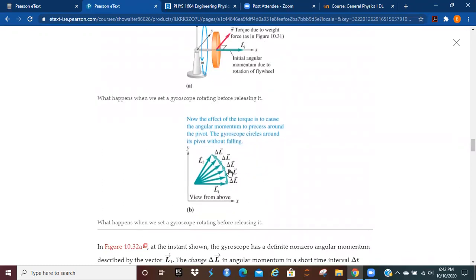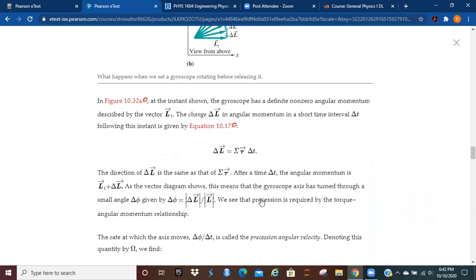In other words, that angular momentum is going to be out this way. Now, the effect of the torque is to cause the angular momentum to precess around the pivot. The gyroscope circles around the pivot without falling. So you can see the change in the angular momentum as it moves around. The magnitude isn't changing, but the direction is.